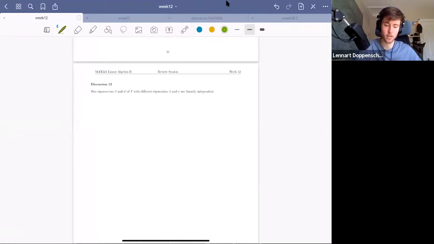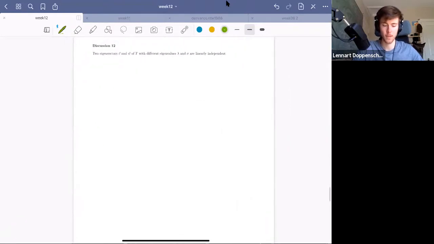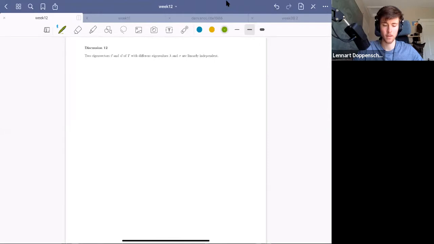Two eigenvectors with different eigenvalues are linearly independent. Any idea how this will work?